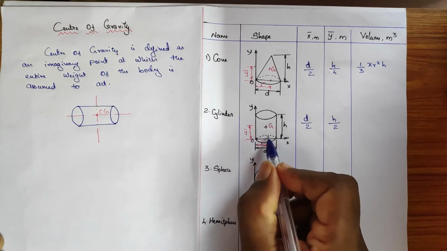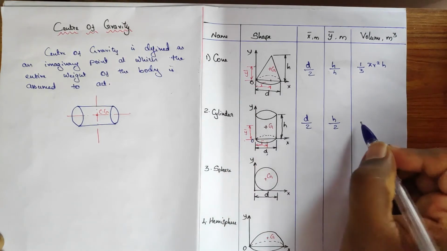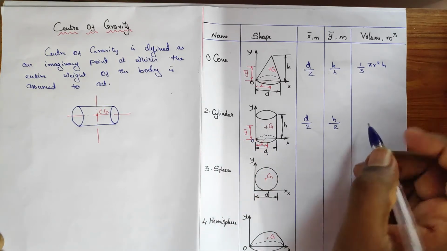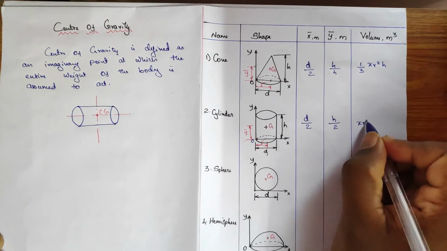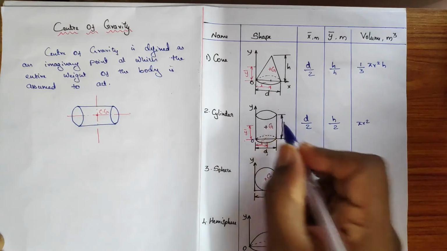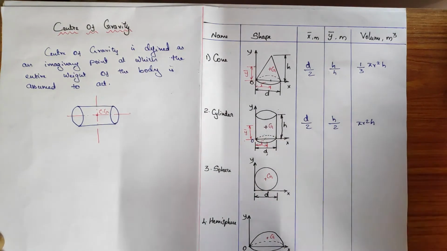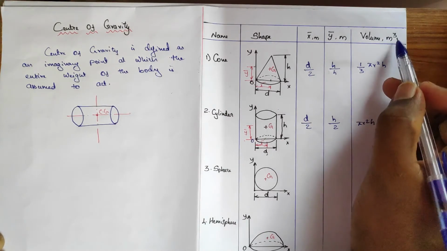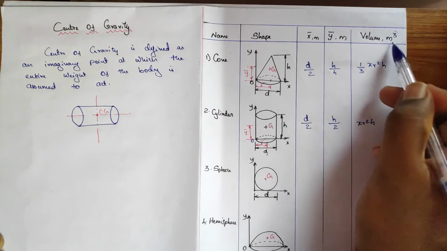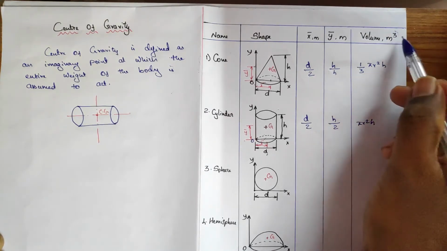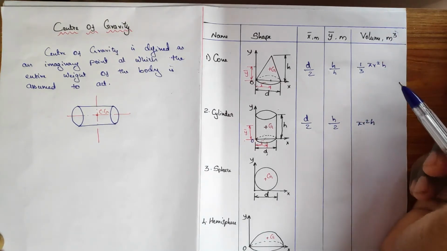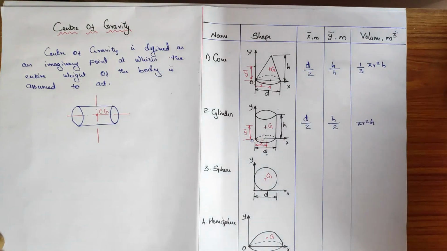The bottom base area is a circle, so it will be pi r square, and it is a volume, so multiply by its height, so pi r square into h, right? For the volume, we need to specify the SI unit in meter cube or centimeter cube or mm cube. This x bar and y bar is in meter or mm or centimeter, right? Keep it in your mind.